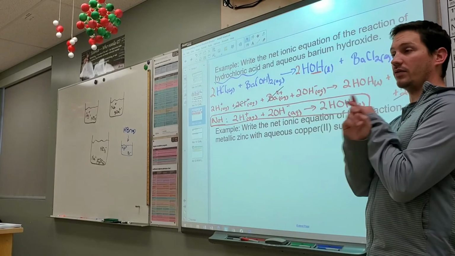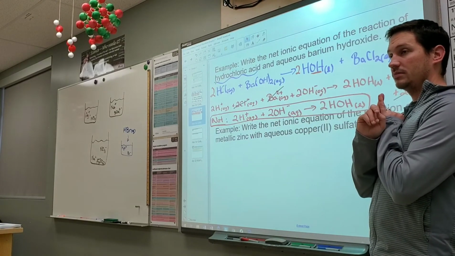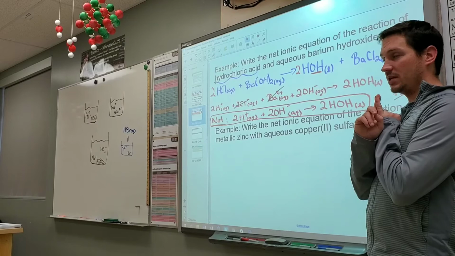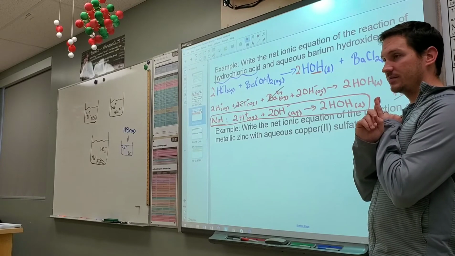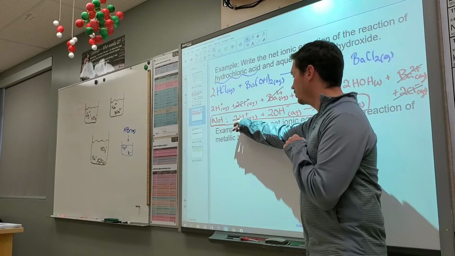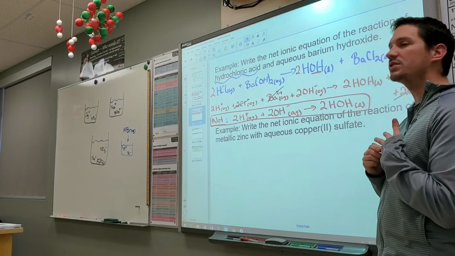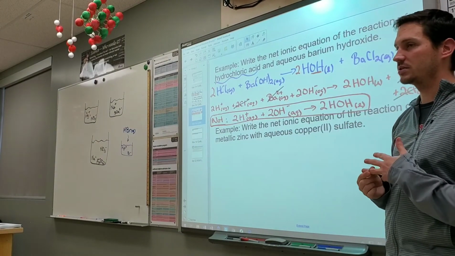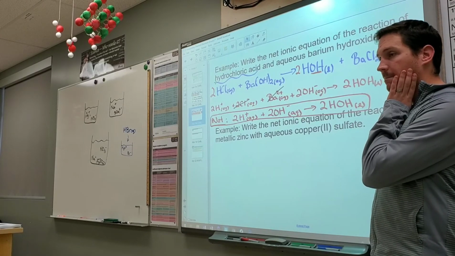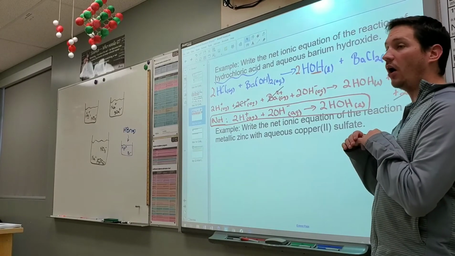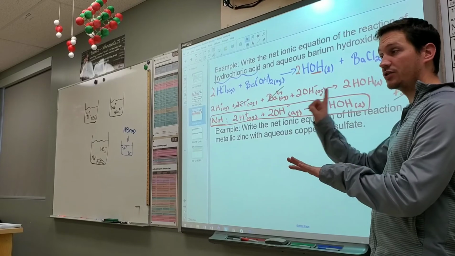Does this follow the law of conservation of mass? Yes, it does. Does it follow the law of conservation of charge? Yes, it does. 2 pluses and 2 minuses make neutral, and there's neutral over here. What do you notice about all of the coefficients? All of the coefficients are 2.